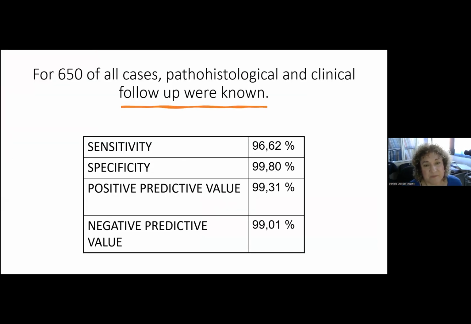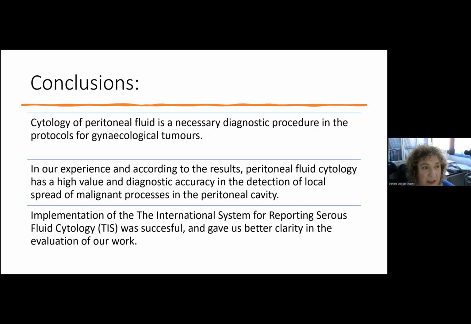So we calculated our sensitivity and specificity, and I'm really proud to say that we had really good numbers with really great positive predictive value and negative predictive value. And for the majority of the cases, we knew the follow-up or histology. So the conclusions of our study are that cytology of peritoneal fluid is a necessary diagnostic procedure in the protocols for gynecological tumors.